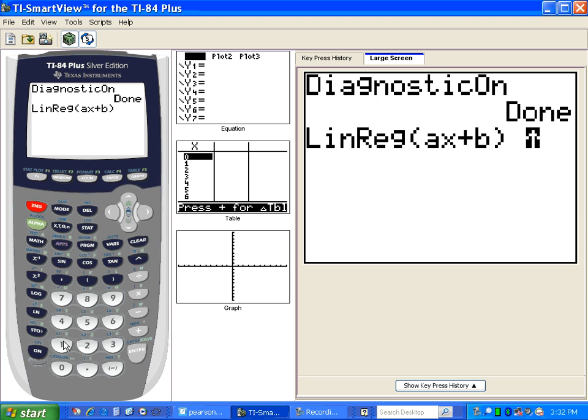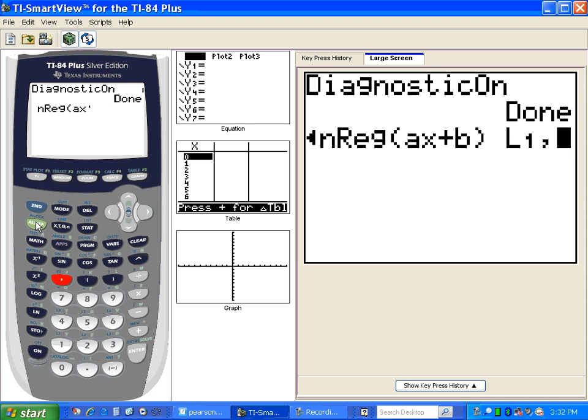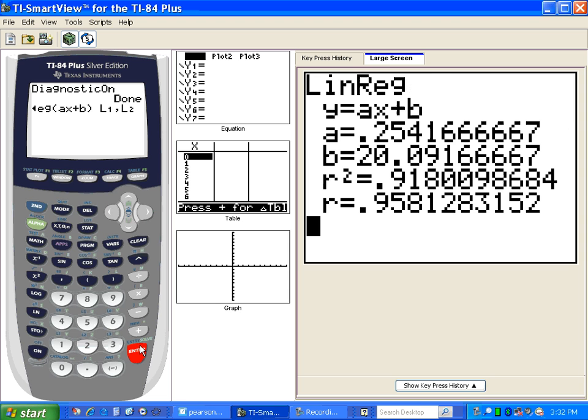So this data is in list 1, comma, list 2, and then enter. And what you're looking for is the R that's over here. R equals 0.958. That R tells us the strength of the relationship between the baby's ages and their heights.